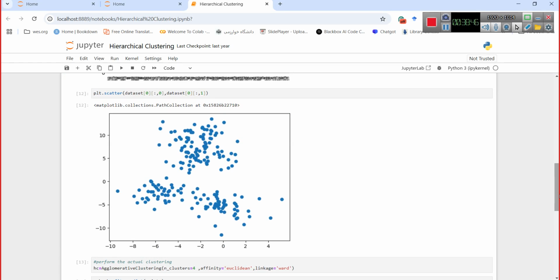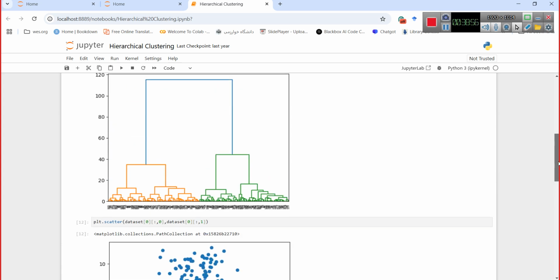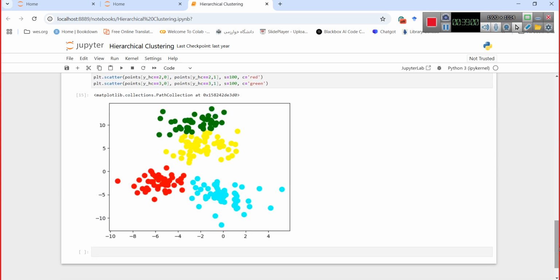For example, doing the non-supervised machine learning methods like the hierarchical methods, we can do this analysis and we can find out whether our examinees are clustered in different clusters or not.